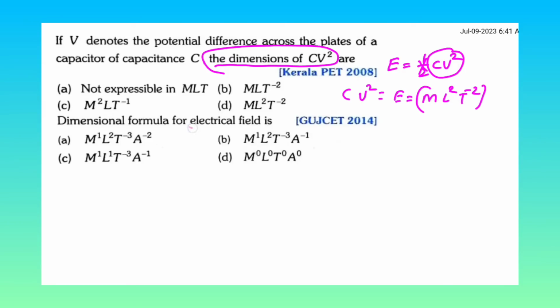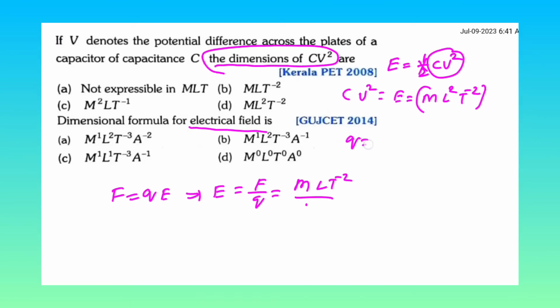Then how to find out the dimensional formula for electric field? You all know F is equal to Q into E, so this implies that E is equal to F by Q. F is mass into acceleration, MLT power minus 2. Q is nothing but current into time, because current is Q by time.